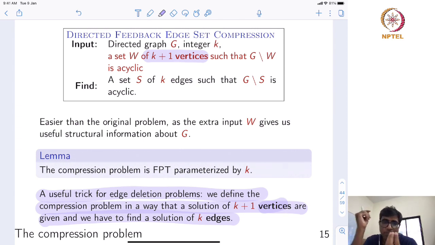All you need to do is look at these k plus 1 edges, pick one vertex from each edge, and if you delete them, these edges are taken care of, and hence that forms a solution. It's not always true, but for many problems this trick helps: you are not given edges but a set W, and you bring your compression problem with respect to it. The way to look at iterative compression is that the extra set W is like a help, providing extra structure to our problem, and we can exploit that structure to design our algorithm.